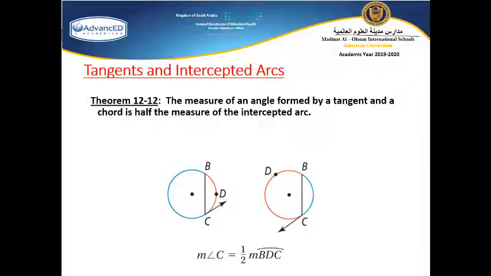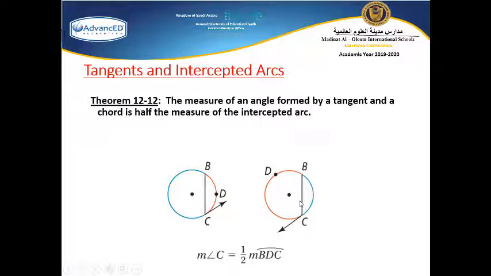The tangent and the intercepted arcs. If we have a tangent at the point C, this one here, the measure of the angle that is formed by this tangent and the chord BC, I mean this angle here, equals half the measure of the intercepted arc BDC.